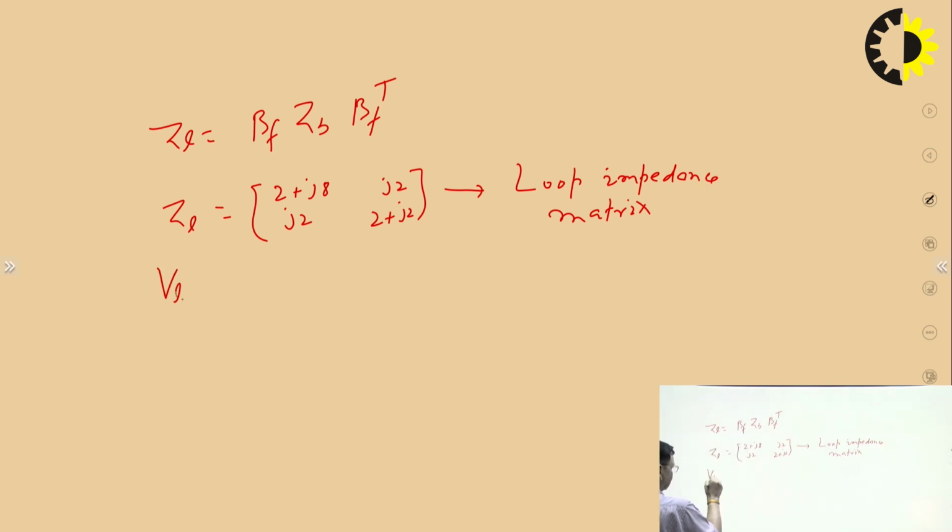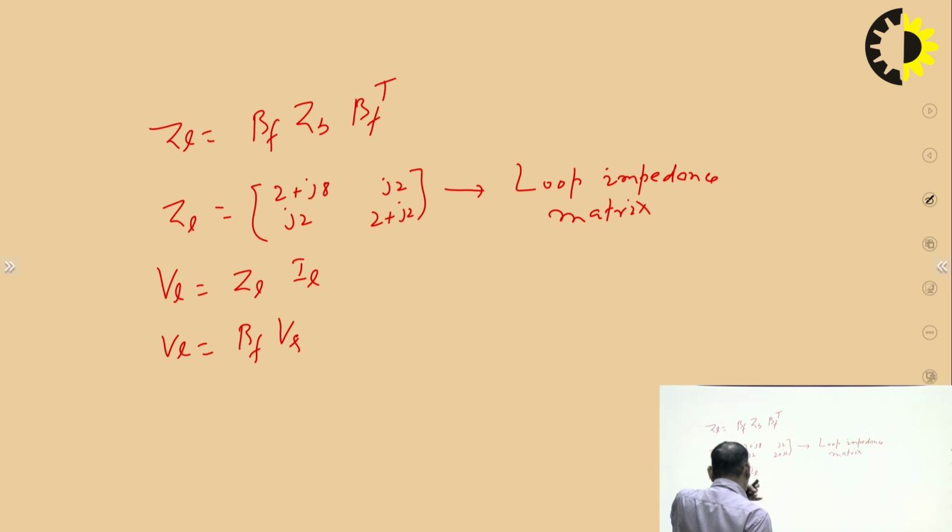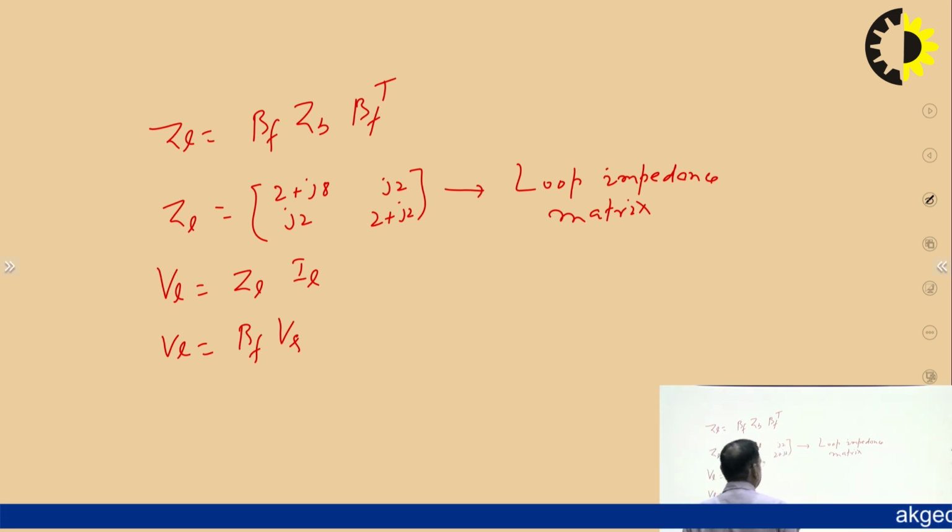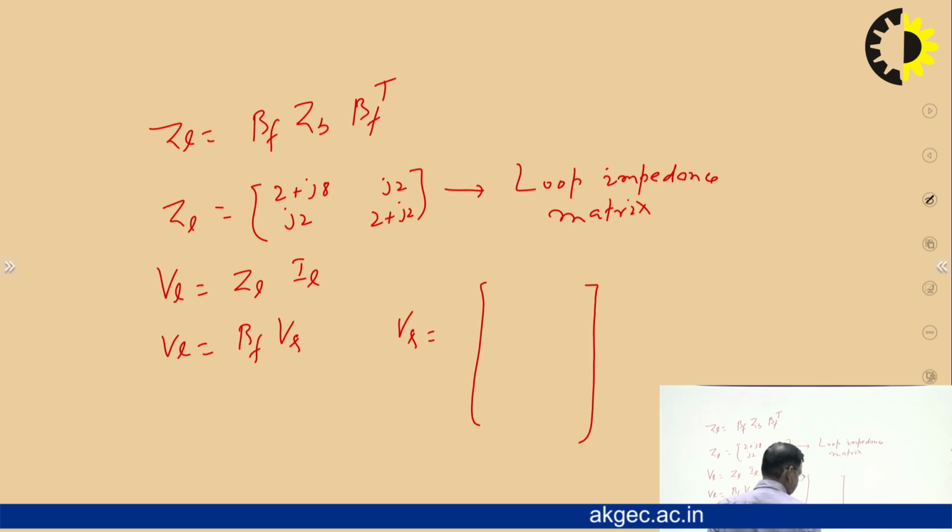The loop equation is VL equal to ZL IL, and VL is the tie-set matrix times VS. We have the tie-set matrix; the remaining is VS, the source voltage. There are 6 branches.